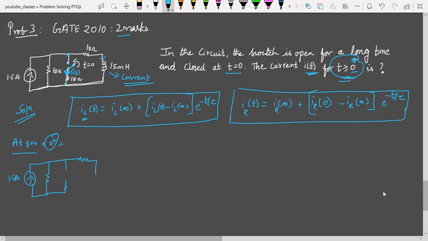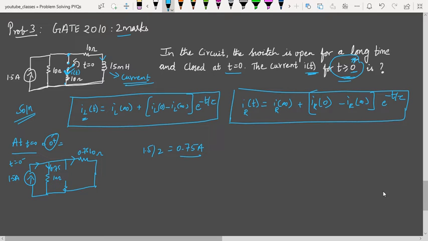The inductor would be short circuited because it has been like that for a long time, so all the current will flow through it. The 1.5 ampere current is divided into these two parts with the same resistance, so equally the current would be split. 1.5 by 2 is 0.75 amperes here and 0.75 amperes here. This is the t equal to 0 minus circuit.